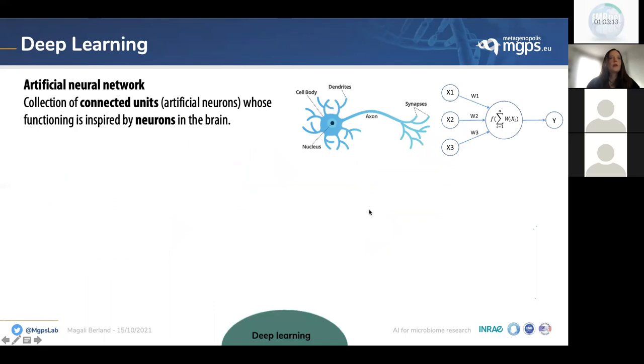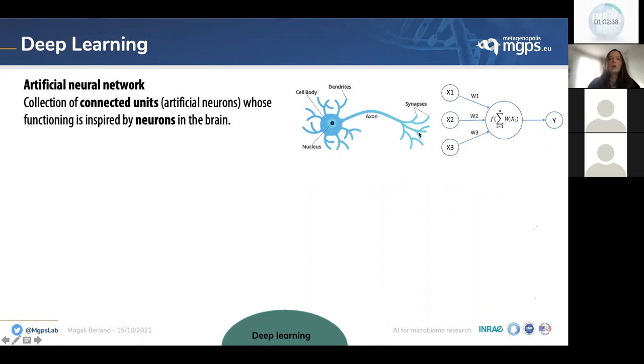And so what about deep learning? Because a lot of people talk about deep learning. So I'm going to explain how it works. Deep learning relies on artificial neural networks. So what is a neural network? It's a collection of connected units whose functioning is inspired by a neuron in the brain. So here you have a neuron in the brain with the cell body, dendrites, the axon, and the synapse.